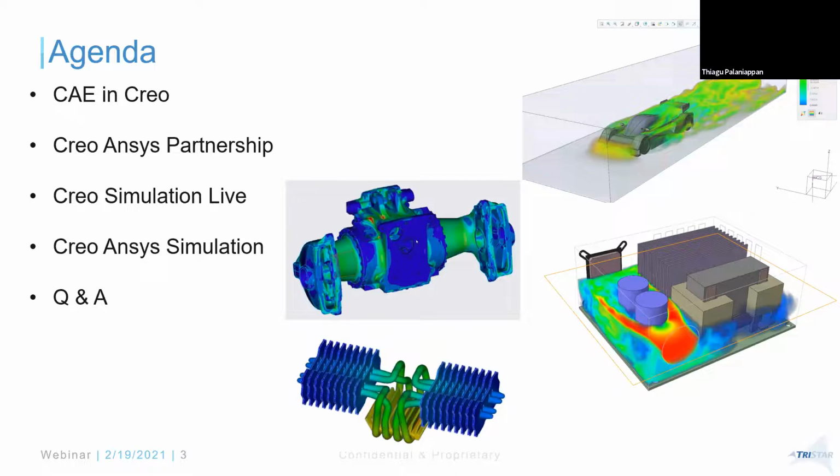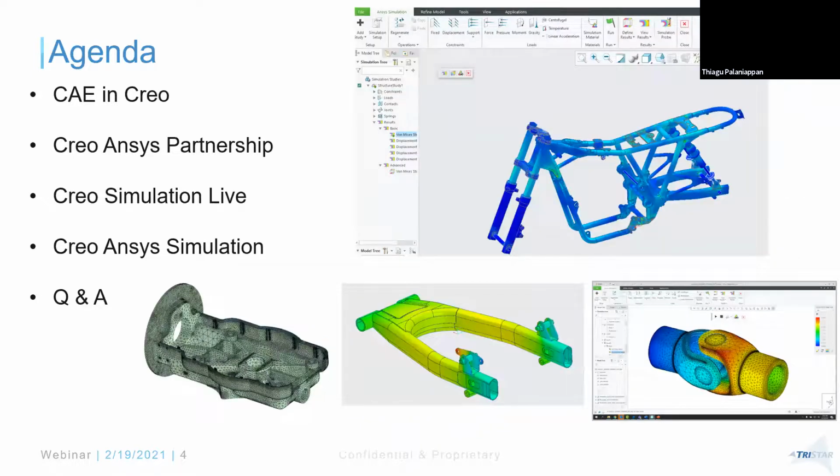Very high level, and then we'll get into the big partnership that happened like 2 years ago or 2.5 years ago between PTC and ANSYS, and then the two tools, which is Creo Simulation Live, and then there's also a new one they introduced in Creo 7 called Creo ANSYS Simulation, which is more for high fidelity. Some of you may be experienced, some of you may not be experienced in FEA. So it's two solutions for different use cases there, right?